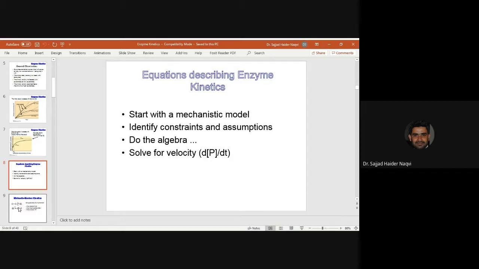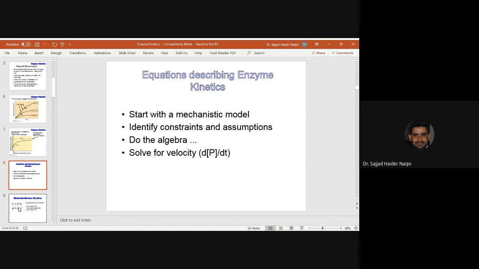We call it a mechanistic model. Then after designing a mechanistic model, like how the mechanism actually takes place, we identify constraints and assumptions, like what are the constraints that can affect this enzyme reaction, and we'll make some assumptions, which is part of the mathematical model. Then we'll do the algebra, the real mathematics, and then we calculate the velocity.